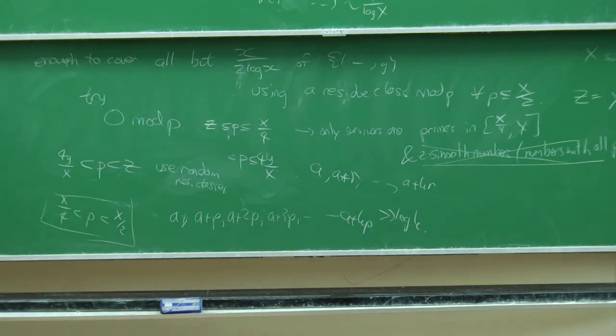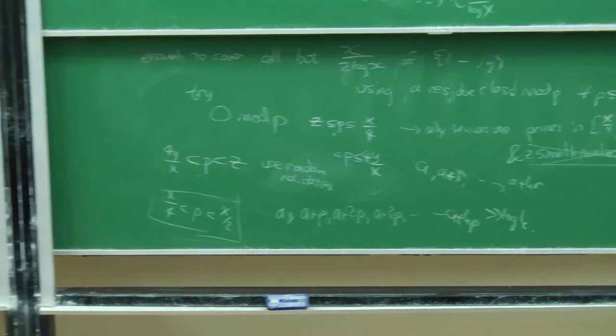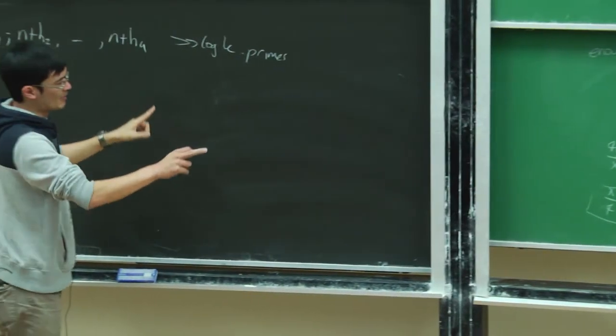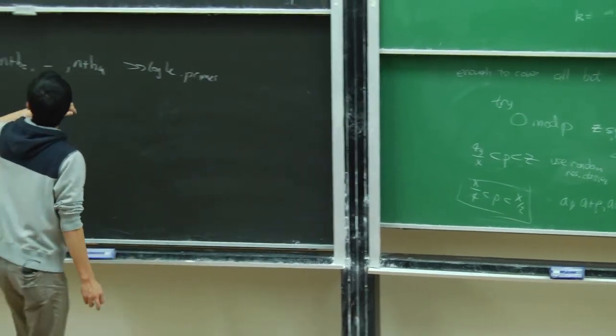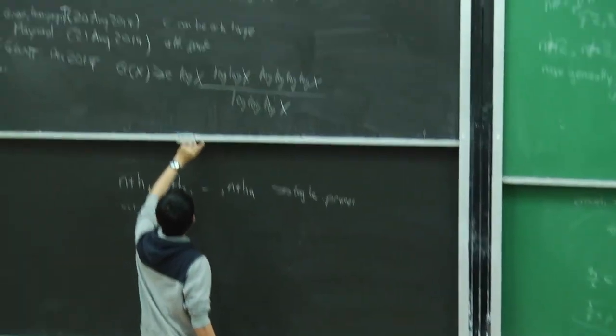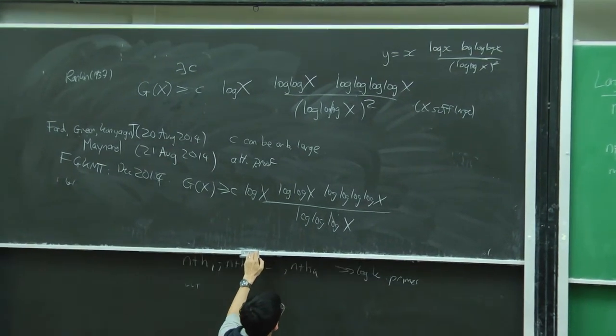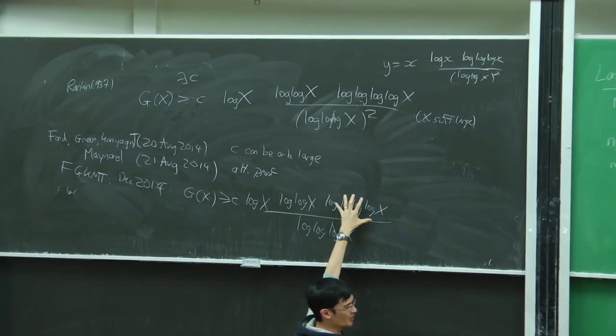And this ultimately is what gives you a very similar result. If you push all the arguments through, so if you just plug this in and do all the calculations, you don't quite get this final bound. You miss this extra log factor.